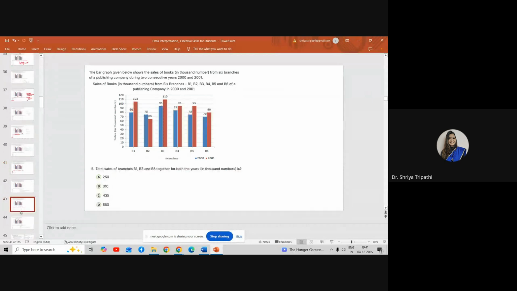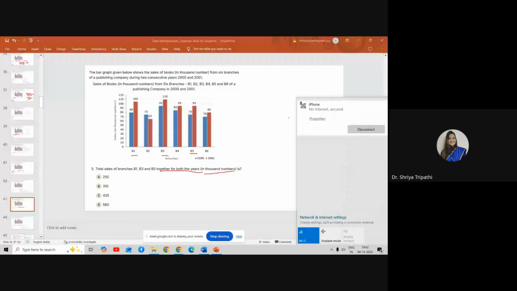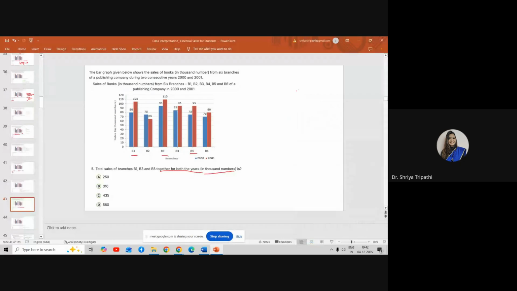Okay, quickly we'll see a few more. Total sales of branches B1, B3, B5 together for both the years in thousands in number. What is the total coming?